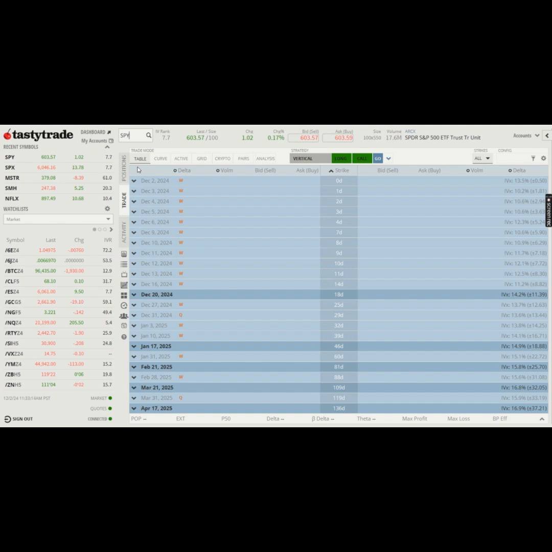SPY is what they call an American style option, so it can be exercised at any time prior to expiration. That's why it's important to know, for example, that you have what they call dividend risk. Dividend risk only really refers to the call.